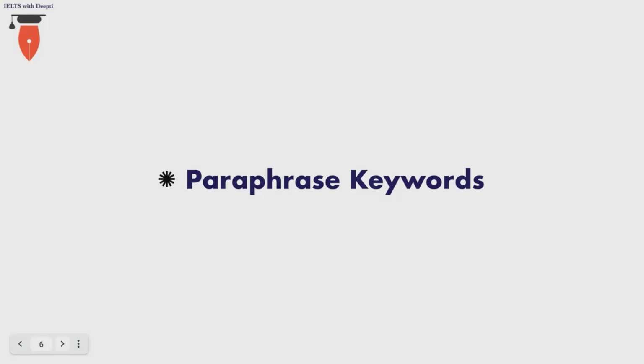So just to simplify them, you may want to paraphrase those keywords or put them in different words, because most of the time the same words may not be repeated, right? So you should know that the keyword can be presented in the passage in a different way also.